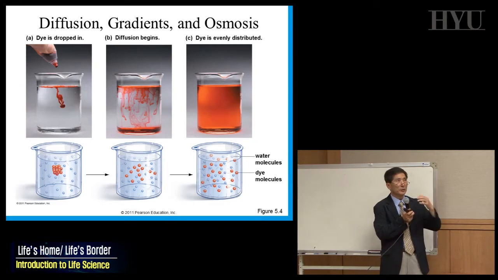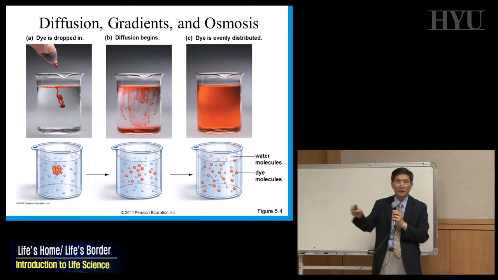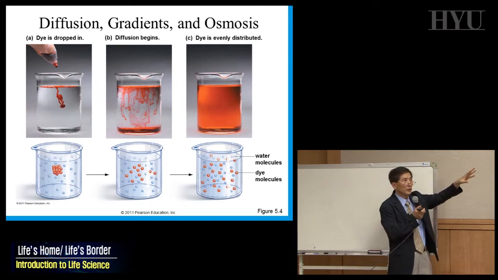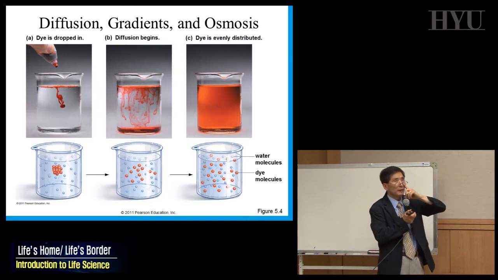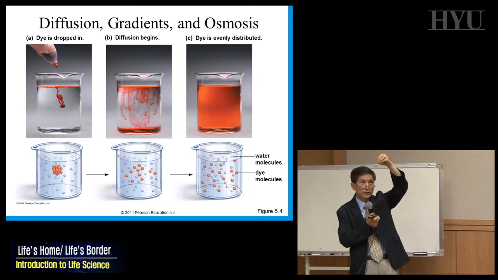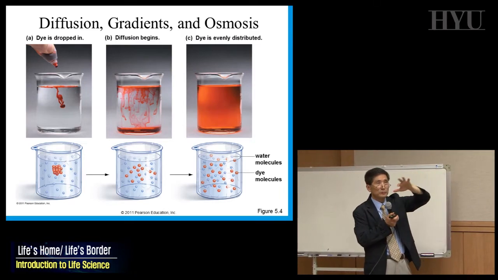So it can be understood as diffusion. The little ink molecules concentrate here and then start to disperse. That's diffusion. Diffusion can be defined as molecules going from higher concentration to lower concentration.